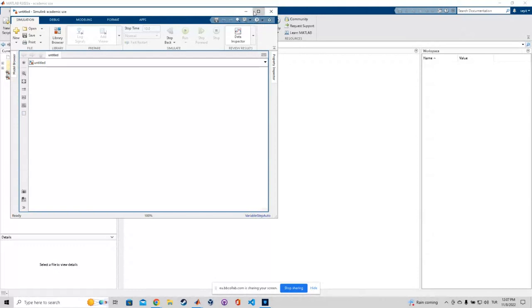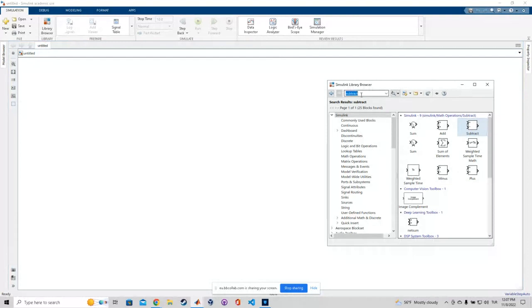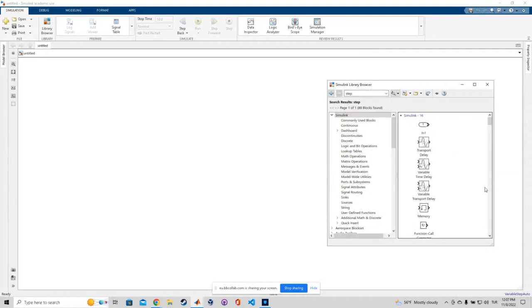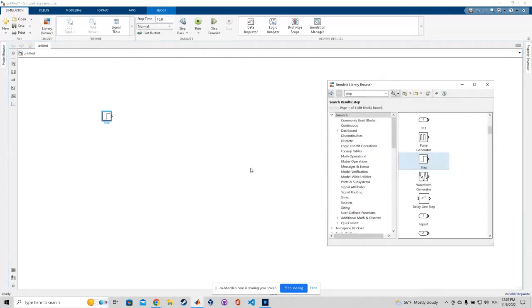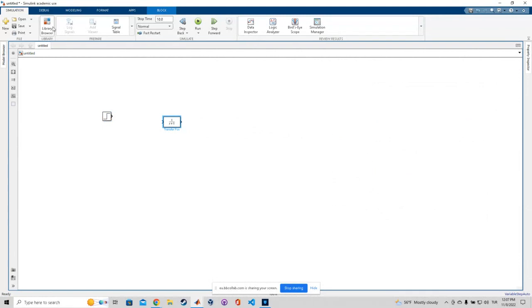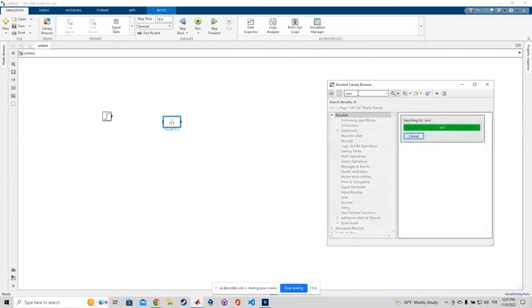Okay, guys, let's start to model our function. First, we have our step function. We choose our step function, and then we have our transfer function and sum. You just write TF in the library, and you can find the transfer function, and we're going to use a sum product.